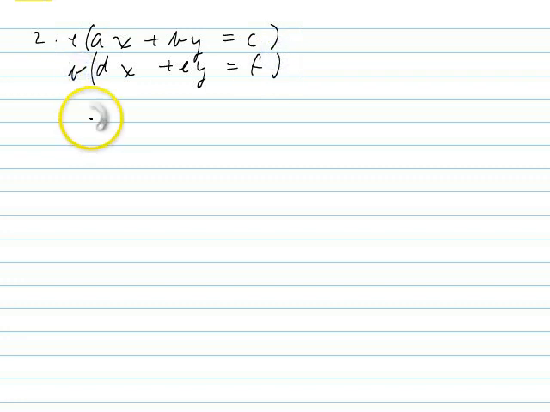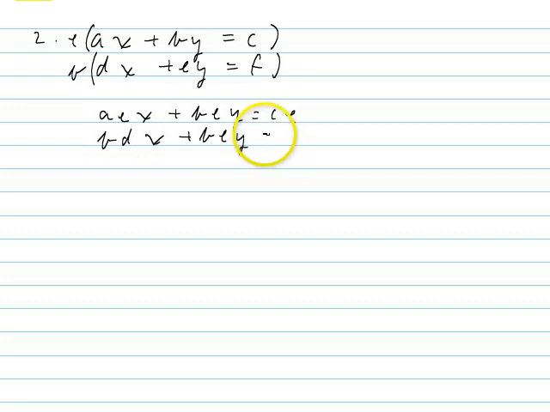So you'd get aex plus bey equals ce, and on the bottom you'd have bdx plus bey equals bf. I'm putting these in alphabetical order just so that we can see when things are the same.